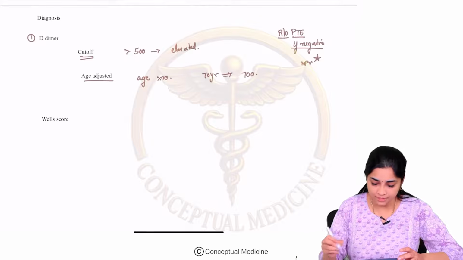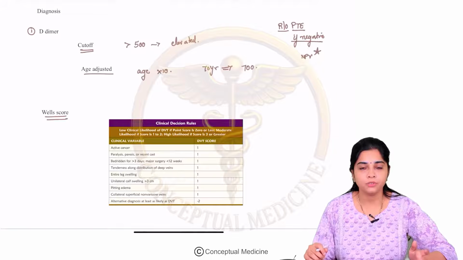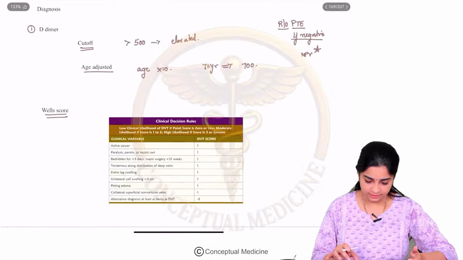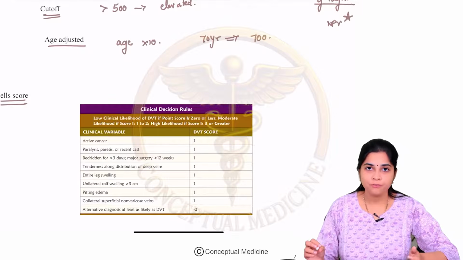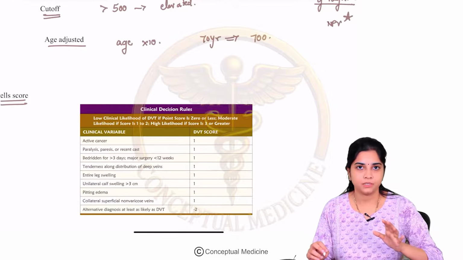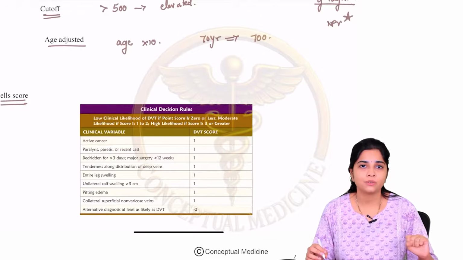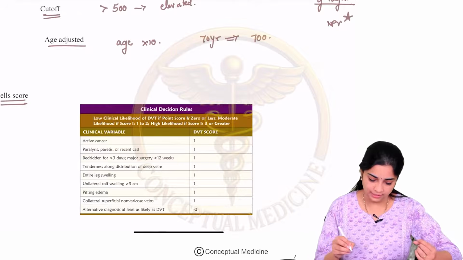Okay, fine. So the next thing that we look at is what we call a clinical prediction rule, which is your modified Wells criteria. As per this modified Wells criteria, we have certain clinical conditions which are given a particular score, and based on the total score, we decide whether a PTE is less likely or more likely.